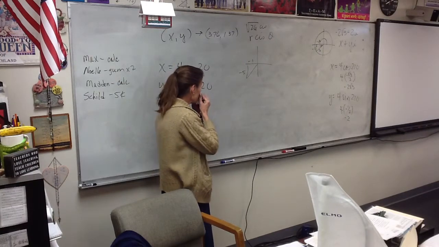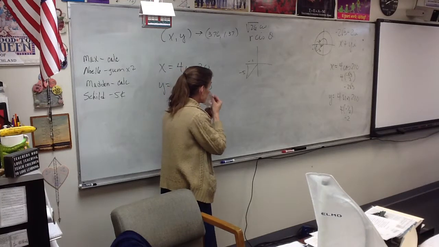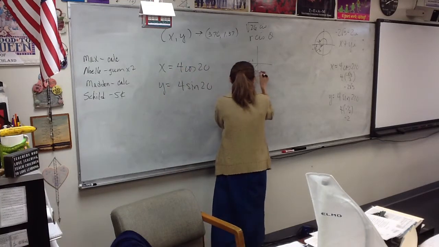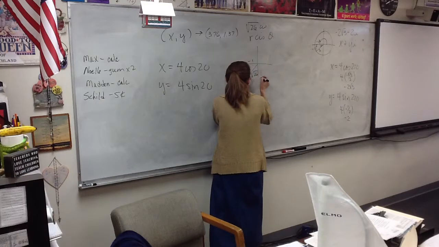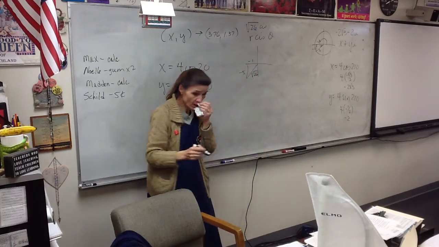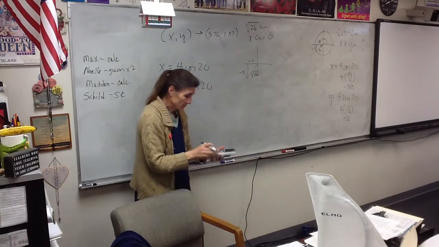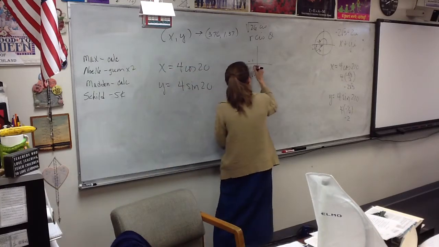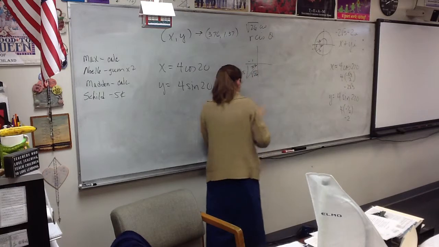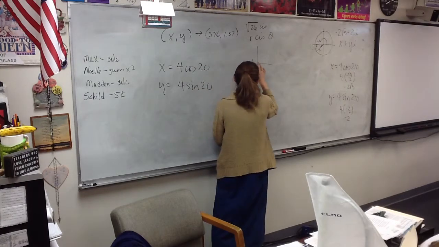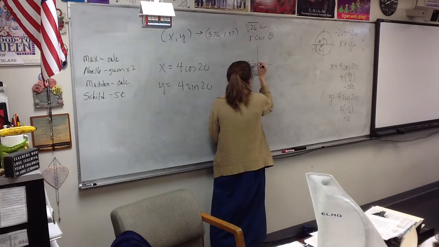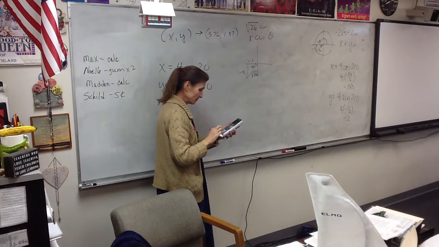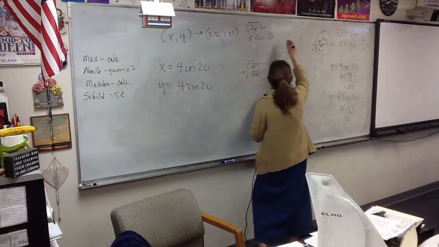How do I find theta? Second tangent of -5 divided by -1, second tangent 5, that's 78.69. So what's my theta? 258.69.